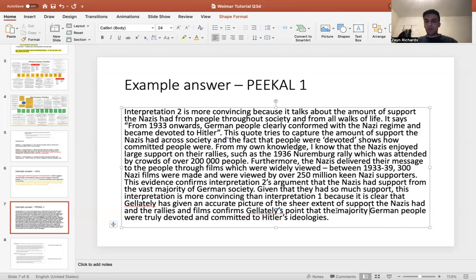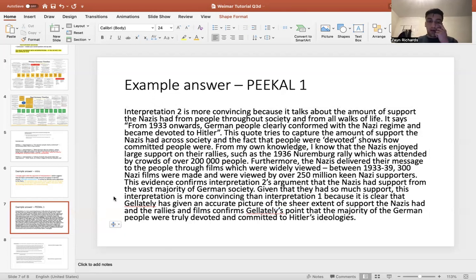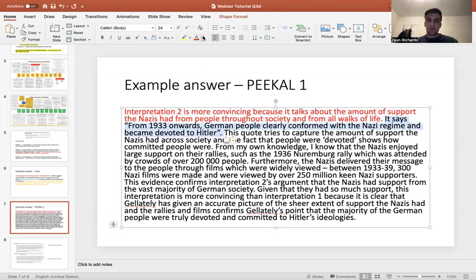You could also talk about propaganda in this one. I'm not going to though, just because you wouldn't have time to in the exam, but you could have done propaganda as your own knowledge. So here's my argument. In red is my point sentence, in blue is my evidence.